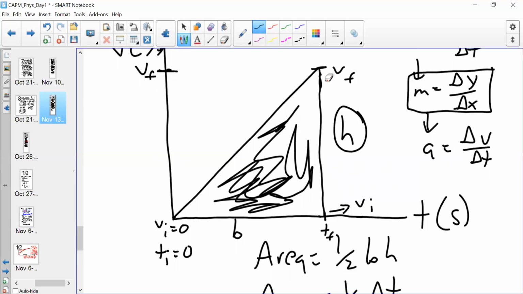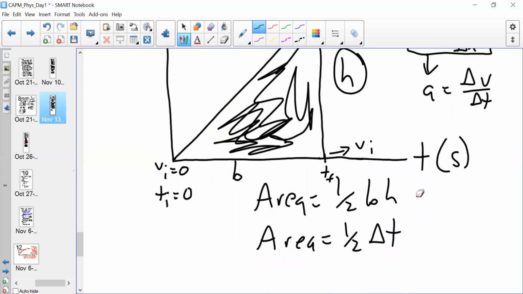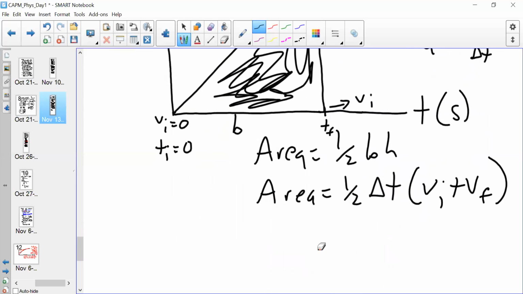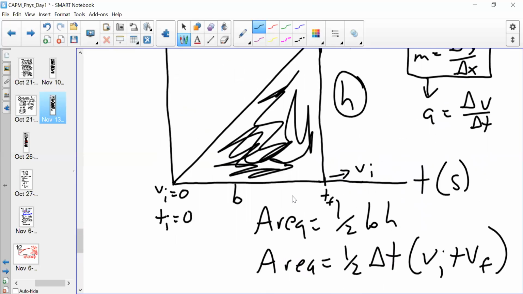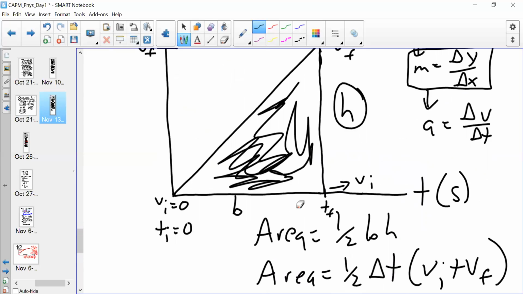We must add in order to get this height. So instead of h here, the height will be vi plus vf. So this area that we know in algebra, geometry, translates to be our displacement.